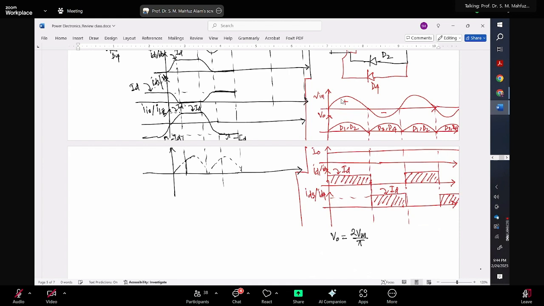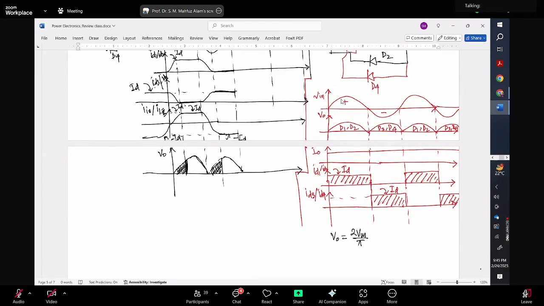After this portion, when the commutation is off, your output voltage will be similar to the input voltage. This is my output, and in this portion you will get this waveform. But what you will be missing is the identified area like this.